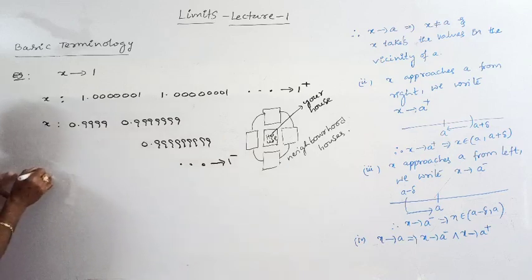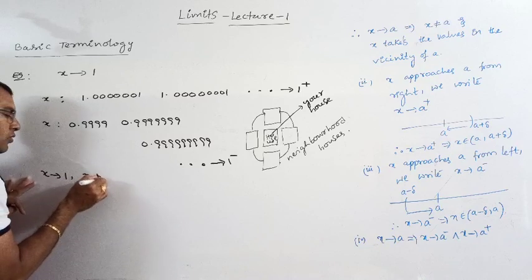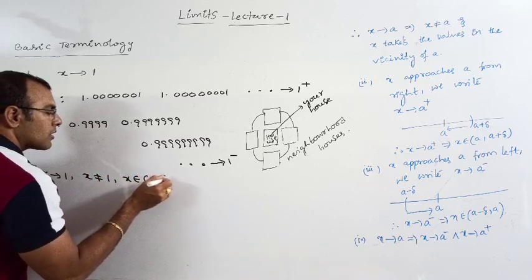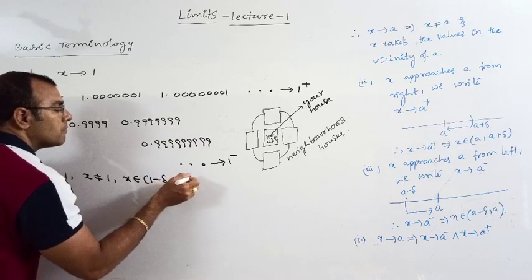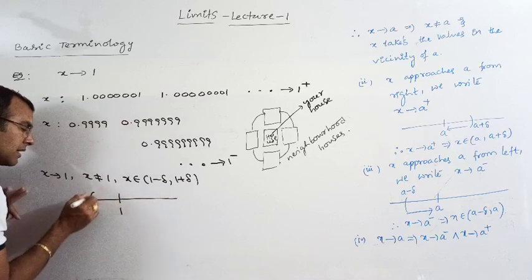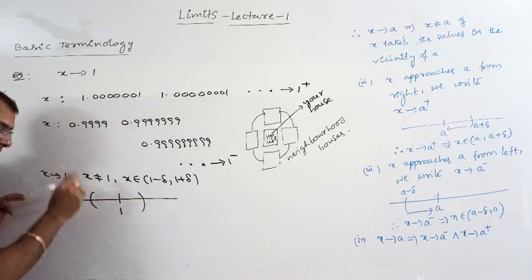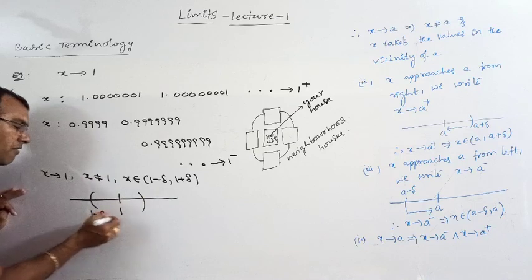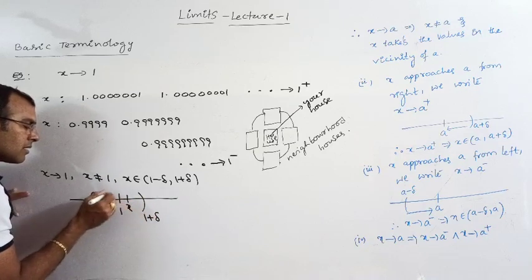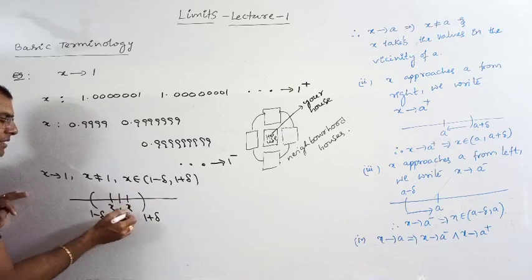So X tends to 1 means X not equal to 1, X belongs to 1 minus delta to 1 plus delta, which means it takes all values in the deleted neighborhood of 1. Very close, very close. X can be here, here, wherever it is.